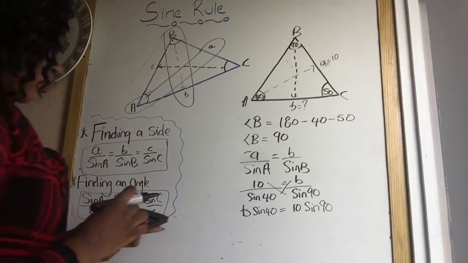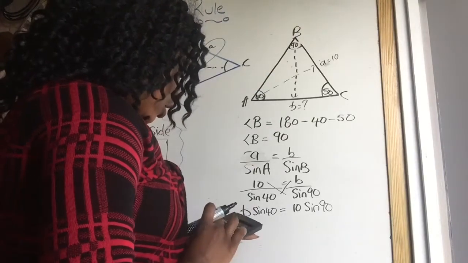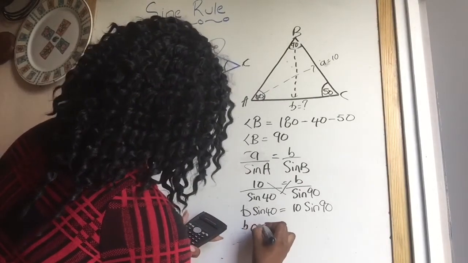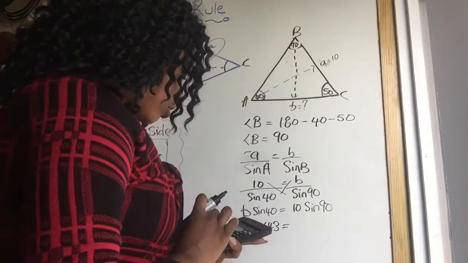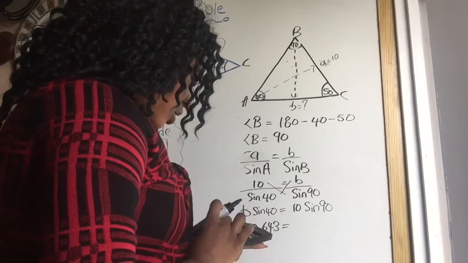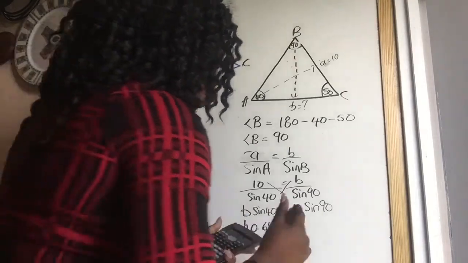So what is sine 40? On your calculator, sine 40 is 0.643, so this is b times 0.643 is equal to 10 sine 90 over 1. Let me double check. 10 times sine 90 is equal to 10.